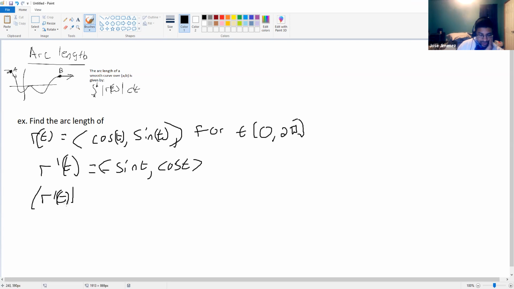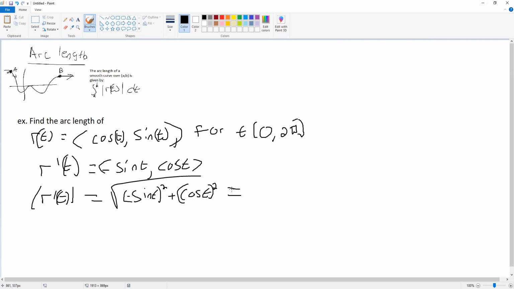And of course, we know what that magnitude is going to be. Well, we're going to take the square root of negative sine of t squared plus cosine of t squared. And now, for a nice high five, next class, what is this equal to?